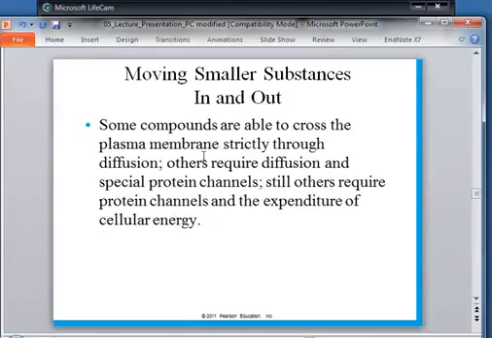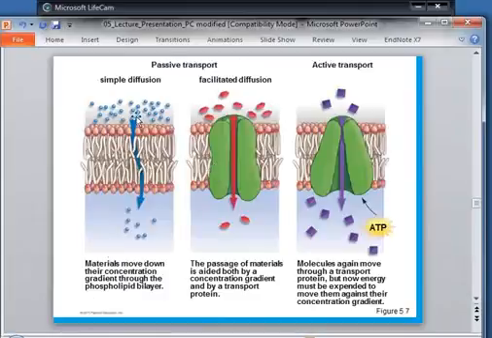Smaller substances can sneak through that membrane sometimes. They're small enough they get right through. Other substances may be too big to get through that membrane, but they could still diffuse. For instance, here we have an example of those sugars that we made earlier. They cannot just sneak through the membrane.